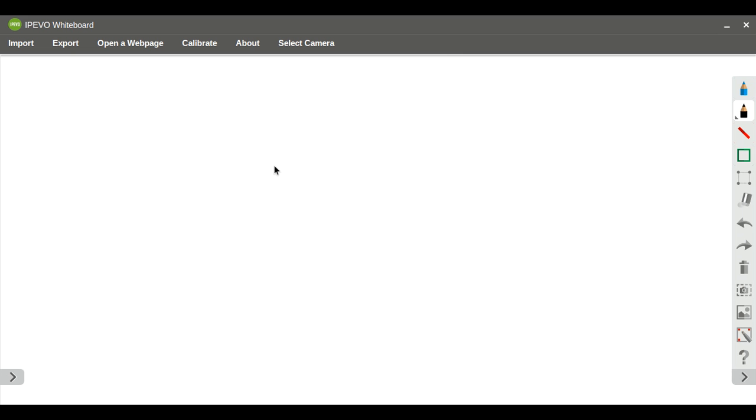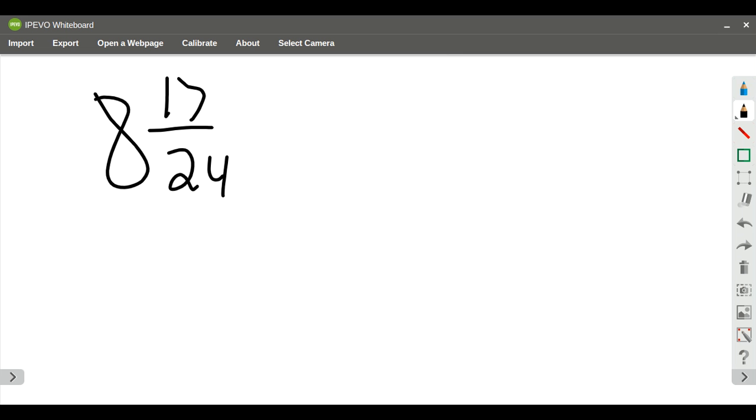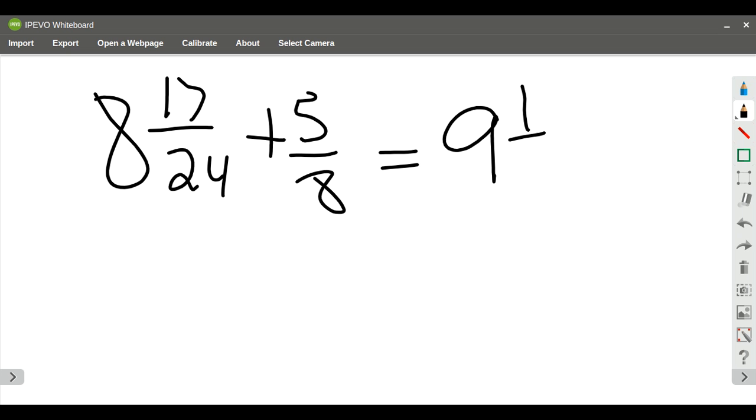Okay, so I go back to my original check. So I have 8 and 17/24 added to 5/8, and I want that to equal 9 and 1/3. Okay, so I do need to change 5/8 into an equivalent fraction, a denominator of 24.